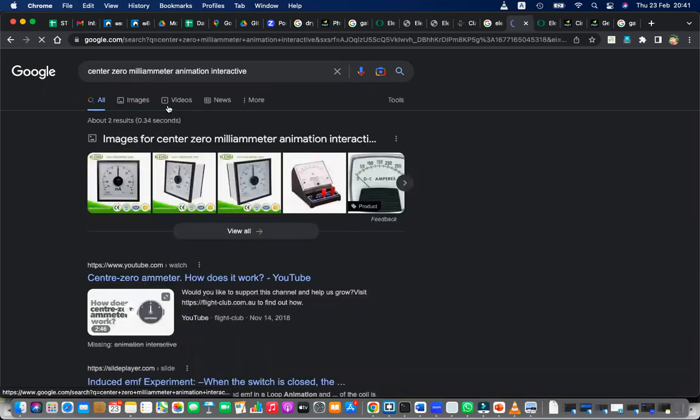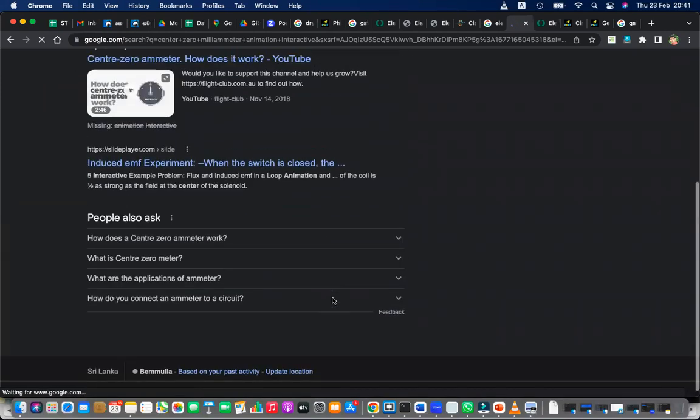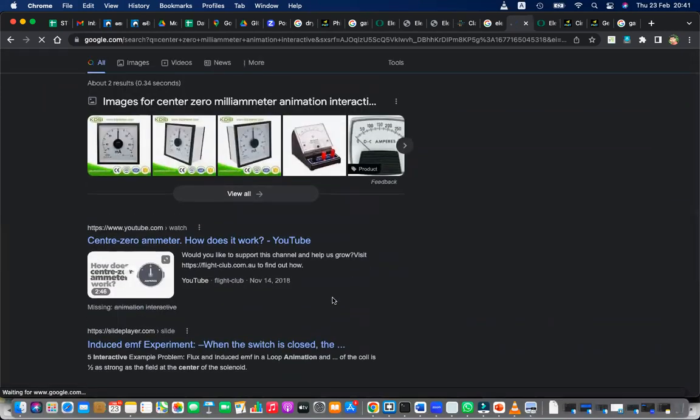Another one is center zero milliammeter, because the direction of the current we don't know.